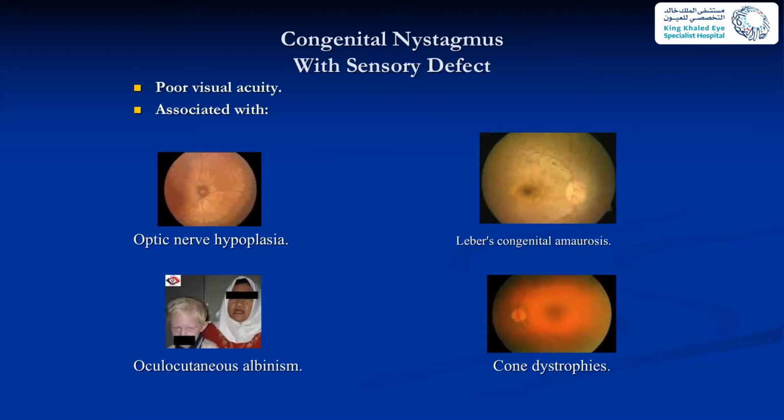We call it sensory deficit, and usually it does not need extra neurological examination because you know it is caused by, for example, albinism.